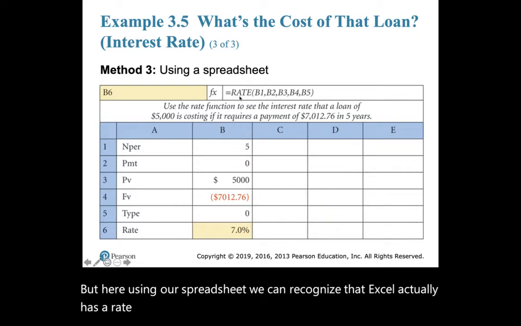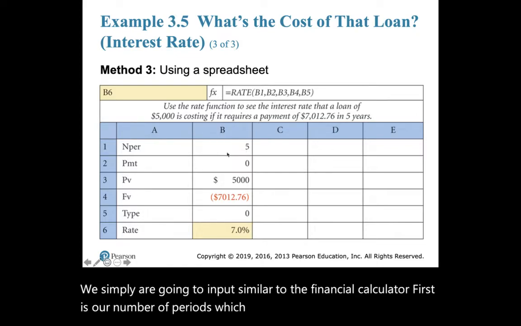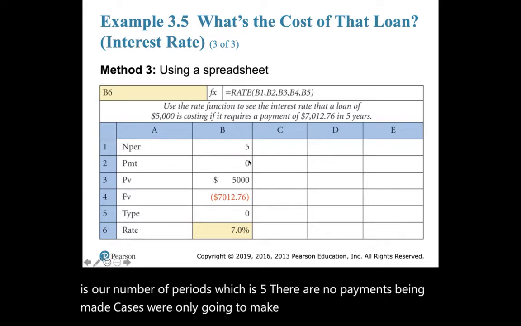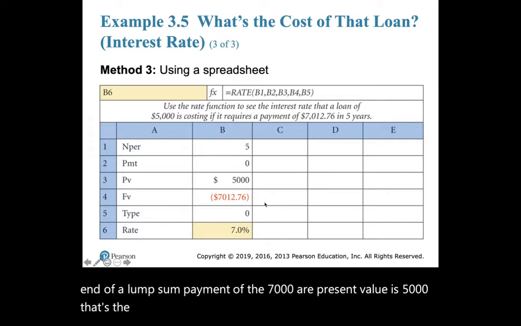And when we punch in our rate formula, we simply are going to input similar to the financial calculator. First is our number of periods, which is 5. There are no payments being made, okay, so we're only going to make one single payment at the end, a lump sum payment of the 7,000. Our present value is 5,000. That's the current value, and we know we have to pay back our future value in 5 years.